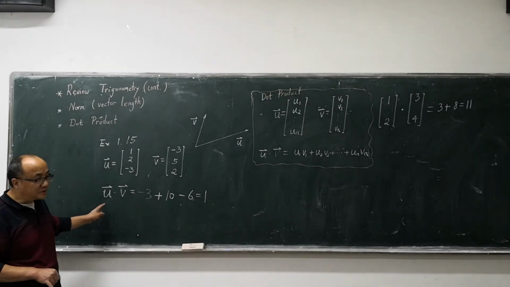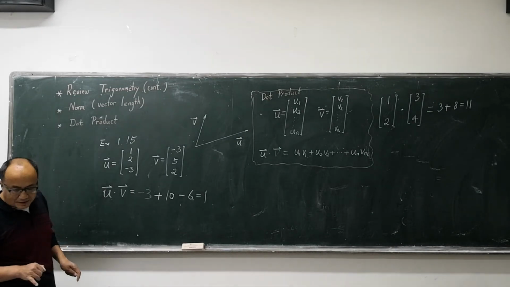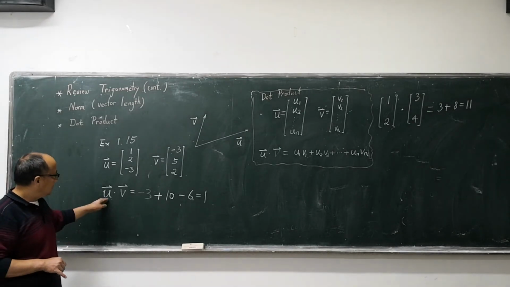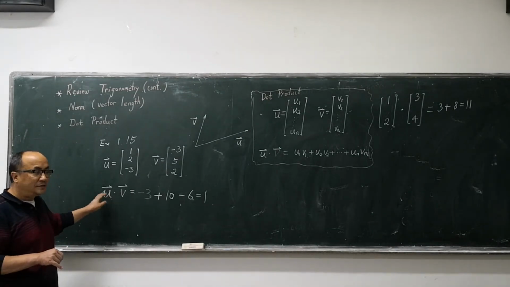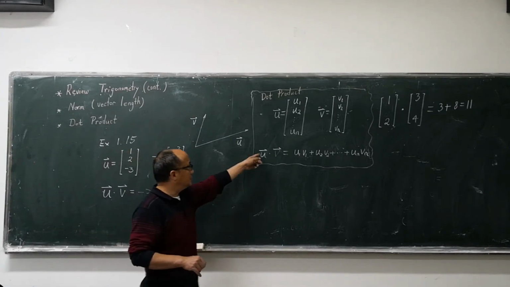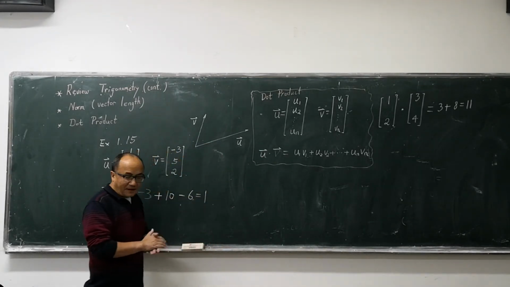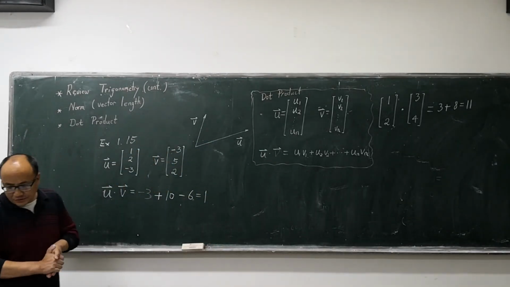But in handwriting, everybody writes it with an arrow, meaning a vector.